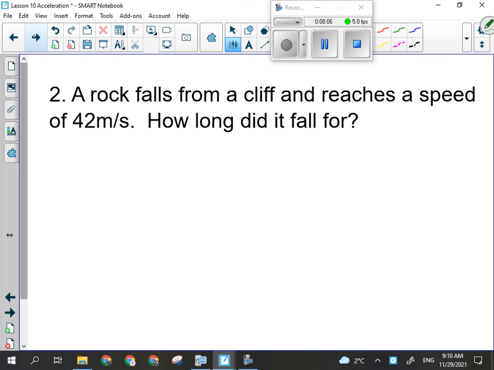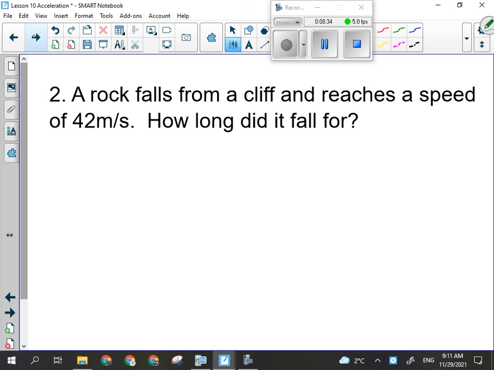Okay, this one's a little trickier. It gives you almost nothing, or at least it seems that way. It actually gives you quite a bit, but you have to get it from the context of the question. So this is about as tricky as they get, not mathematically, but contextually. This is like reading comprehension.